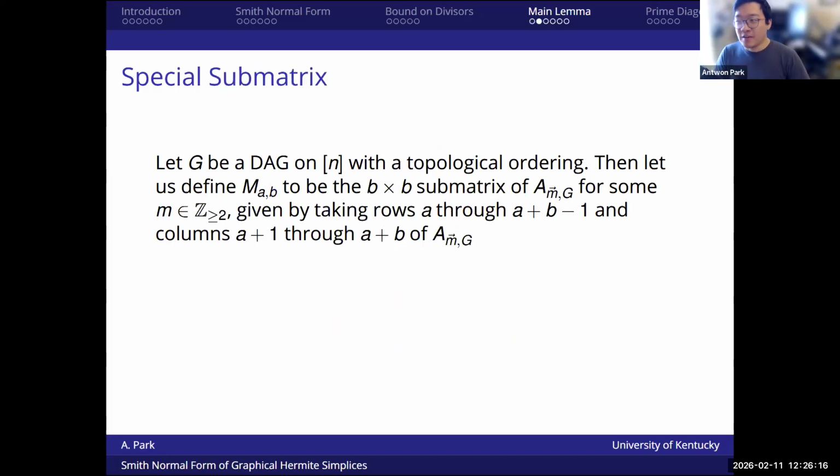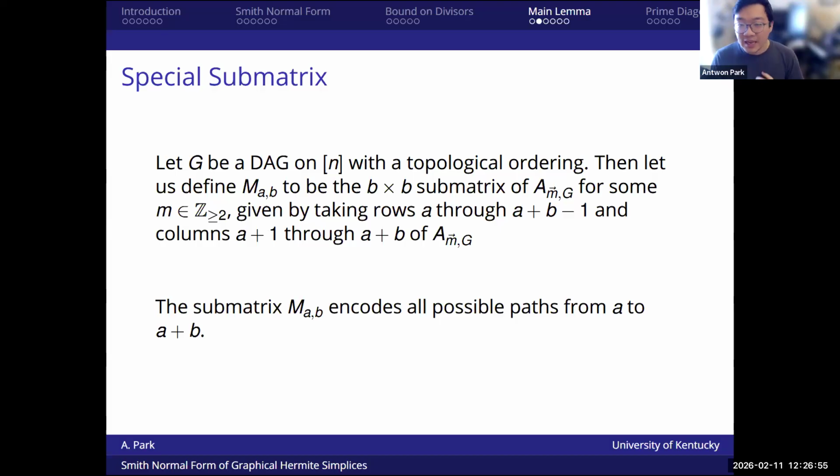To give a more concrete definition of that submatrix, M sub A comma B is going to be the B by B submatrix of our graphical Hermite simplex for some constant vector M. You take the rows A through A plus B minus 1 and the columns A plus 1 through A plus B. It's a little bit weird as to why it has to be these corresponding rows and columns, but the intuition you should have about these submatrices is that they're encoding all possible paths from A to A plus B. And that is why the determinant is going to end up being the sum over all the paths.